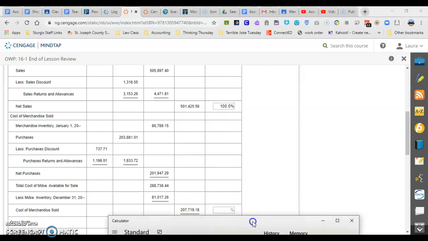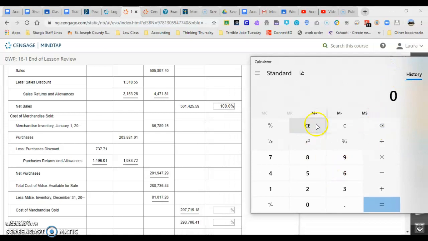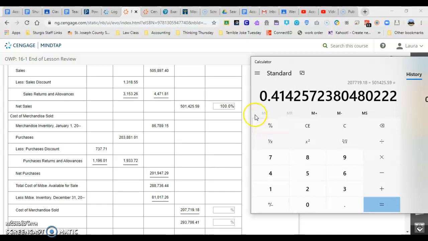In this case, we take 207,719.18 and divide it by 501,425.59, and move the decimal over two, or you can times it by 100.